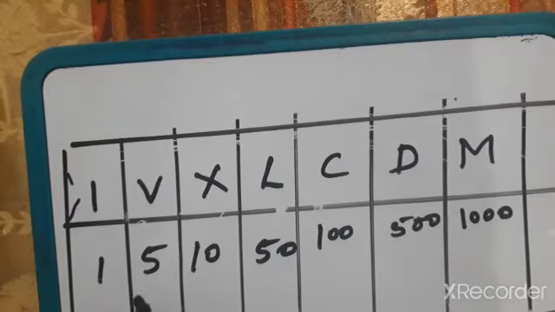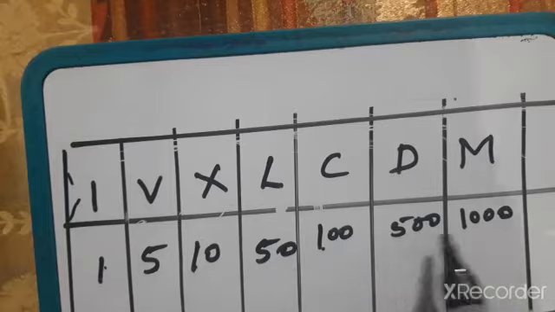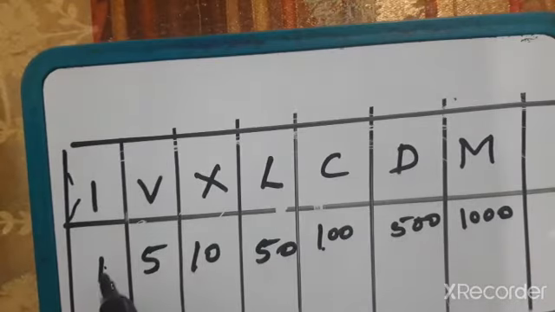Here is one more thing you can observe, children. The first number is 1, the second number is 5, again 1, 5, 1, 5. Here there is no 0.